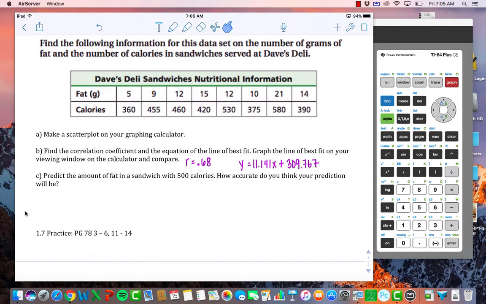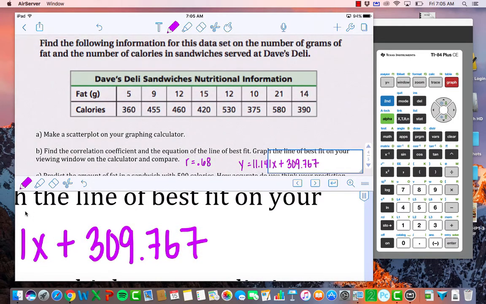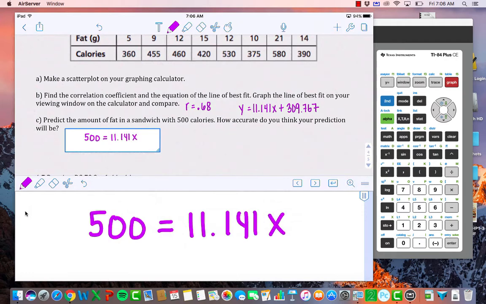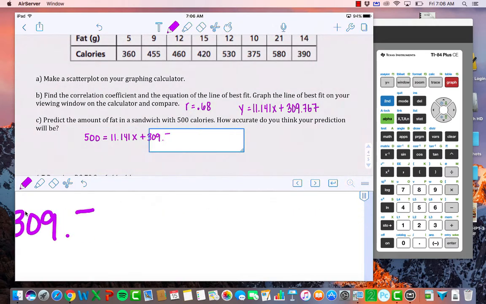Part C says, predict the amount of fat in a sandwich with 500 calories and how accurate you think our prediction is going to be. So I'm going to come down here, and so 500 calories is actually y. So I have to do 500 is equal to 11.141x plus 309.767.